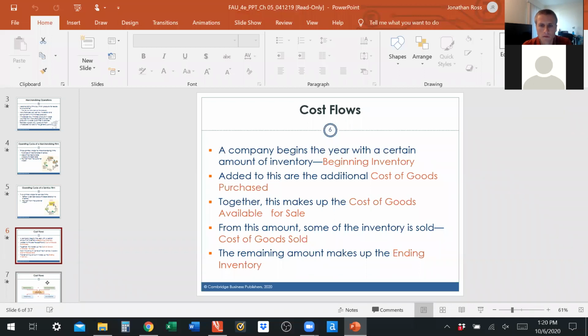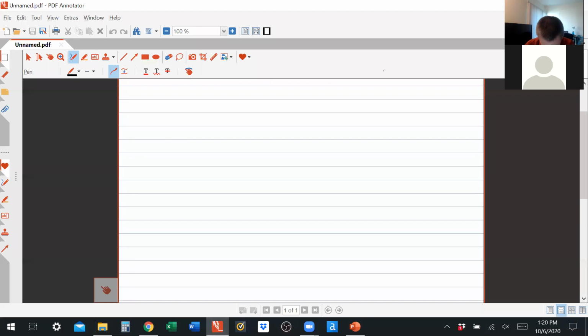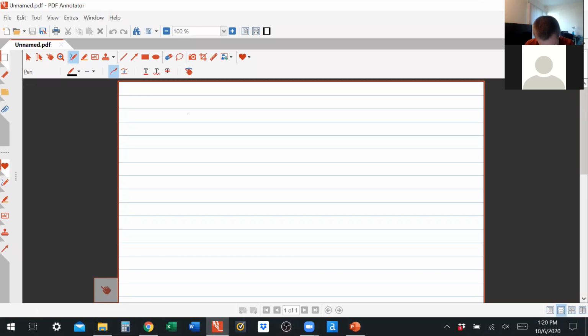So how do costs flow? For a retailer, how do costs flow through the inventory account? Is basically what they're getting at in this slide. So let's highlight this. If we look at the inventory T account, this is how costs flow through the T account.